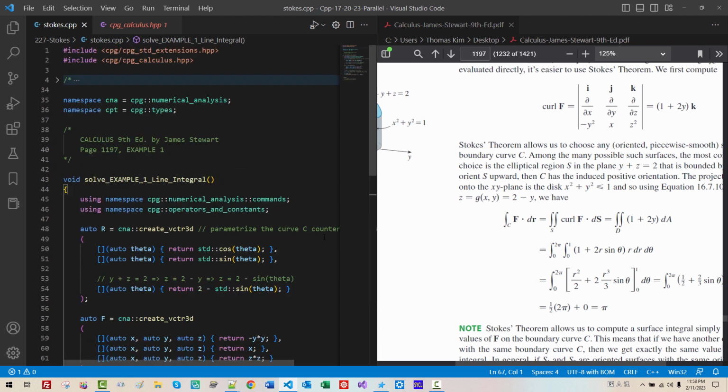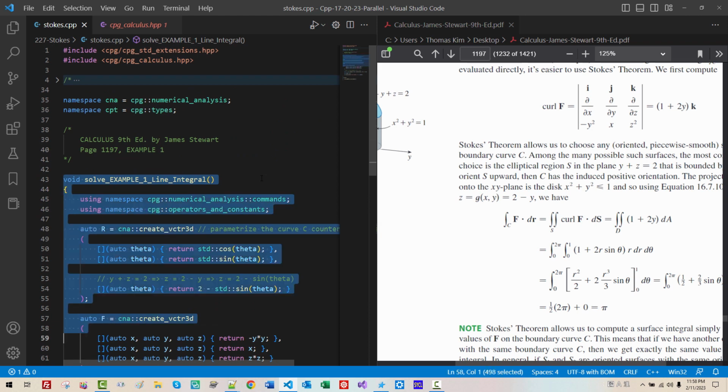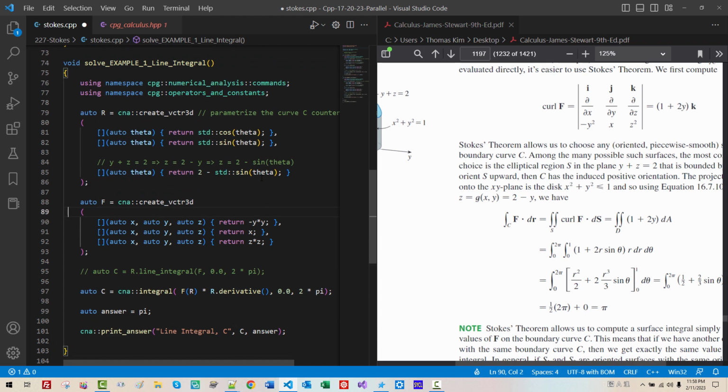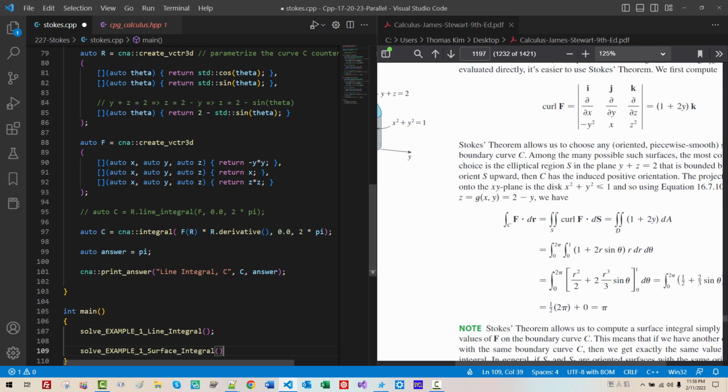Now copy this function, paste, scroll up. I will rename it surface integral. Copy this function name, paste here, scroll up.